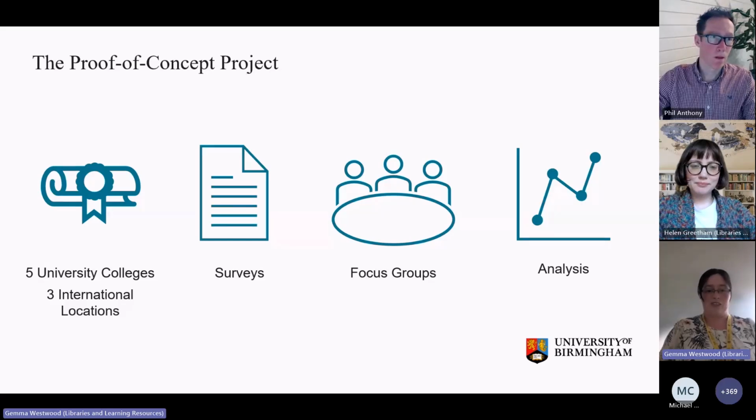Students and staff engaged in a series of surveys and focus groups, gauging their feelings about the assessment tool throughout the process. And we had a mixed method style analysis looking for trends across those surveys and focus groups. In terms of Graide specifically, there were 37 modules that took part in this particular trial, and just over 5,000 students who were using it.